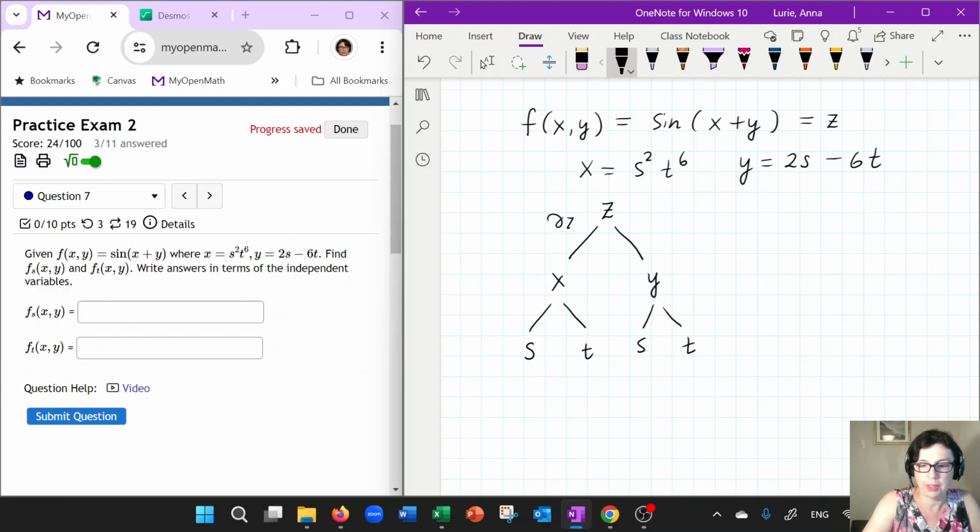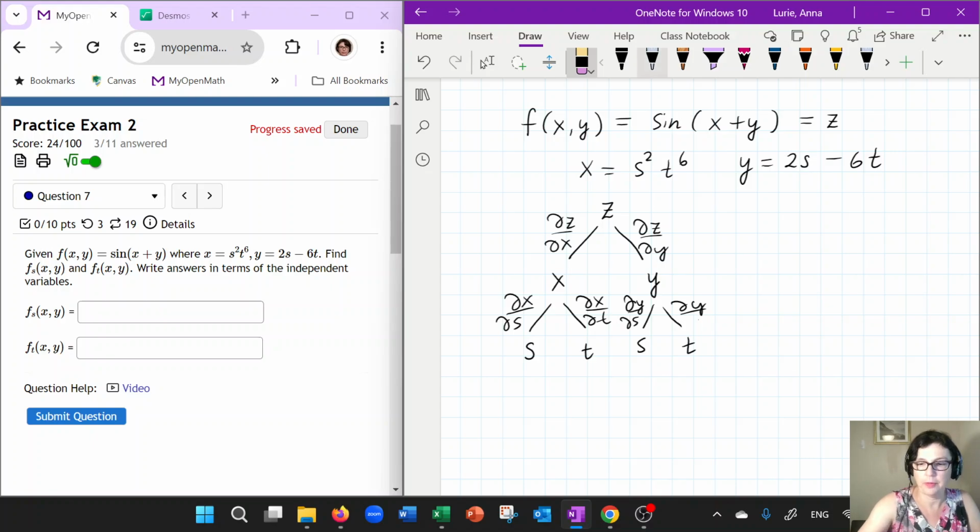So this will be dz/dx, this will be dz/dy, and these are indeed partials because the function z has two variables x and y, so I need the partial symbol. And then also here we'll have the partials because we have more than one variable. So we've got dx/dt here, dy/ds, and dy/dt.